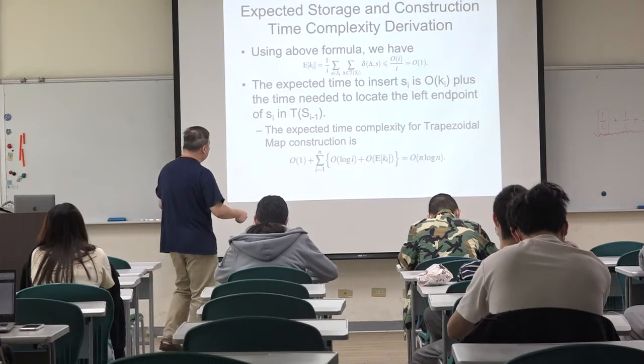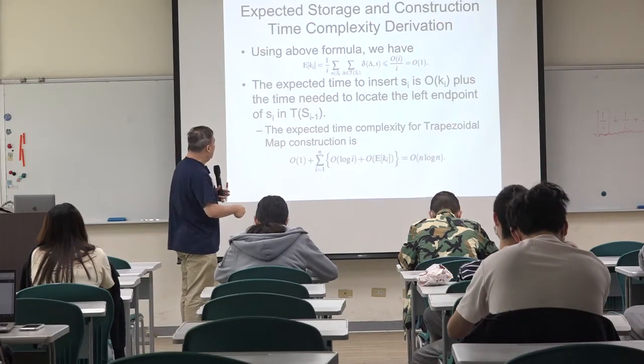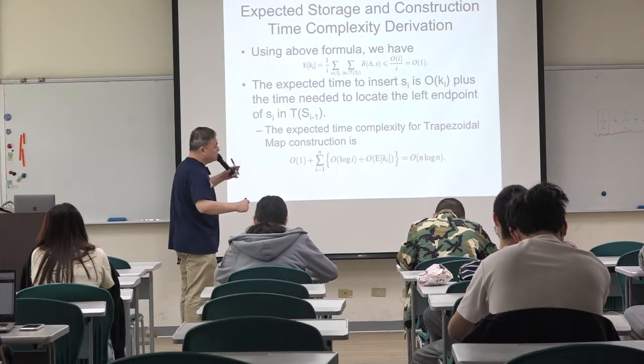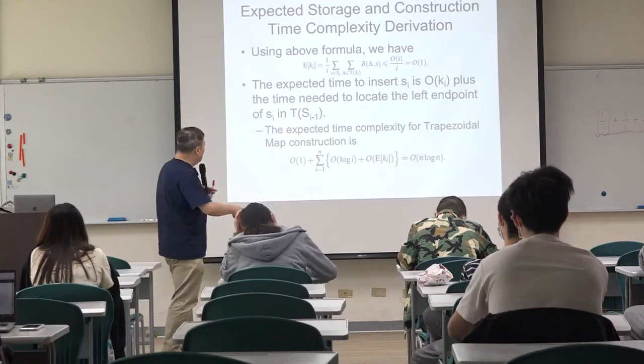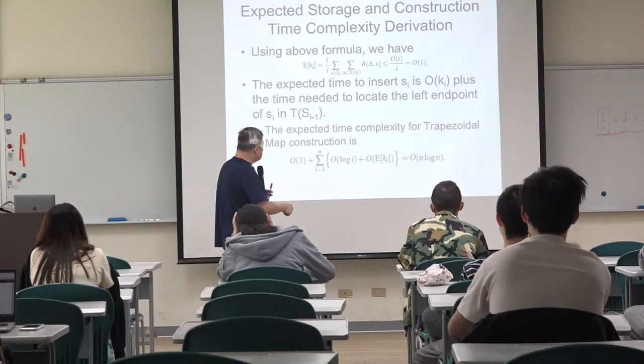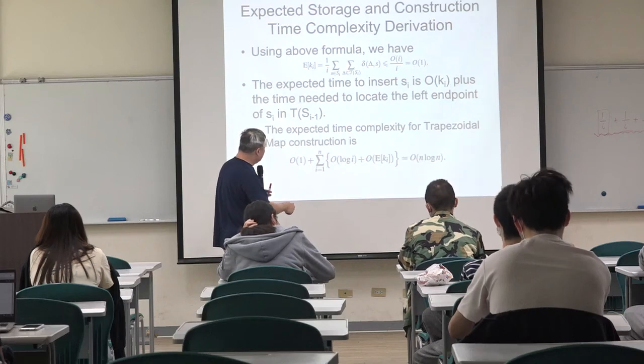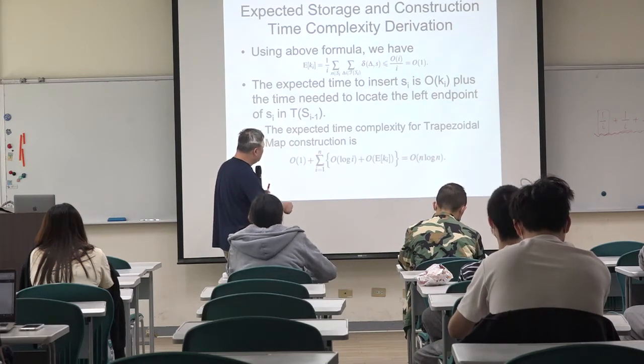So it's going to be order 1, which is originally when you put the whole thing into the bounding box, plus the summation of I from 1 to n, as you add segments one by one.